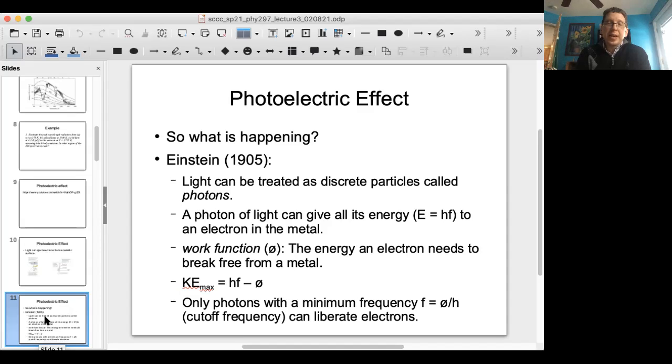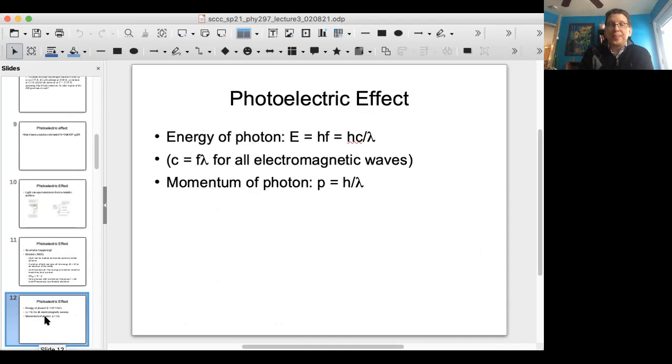So the maximum kinetic energy that an ejected electron can have at a given frequency is equal to hf minus the work function. So only photons with a minimum frequency of the work function divided by h, or the cutoff frequency, can liberate electrons.